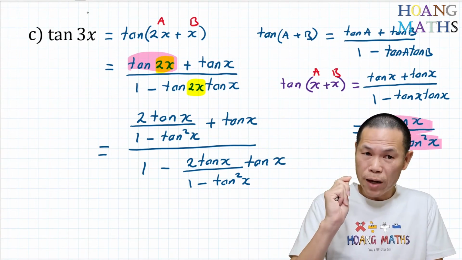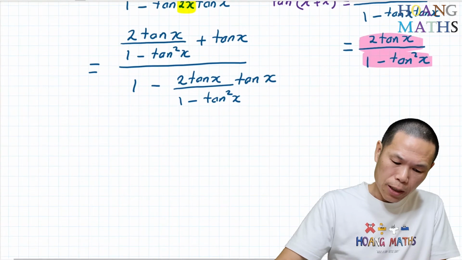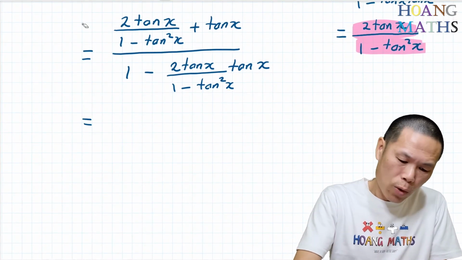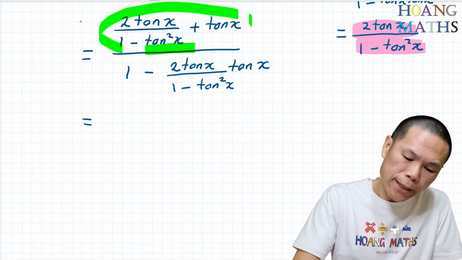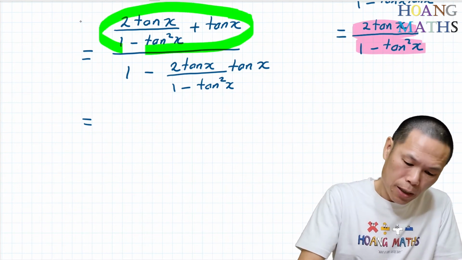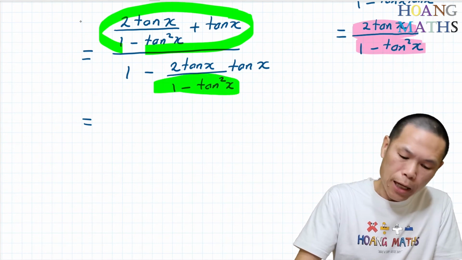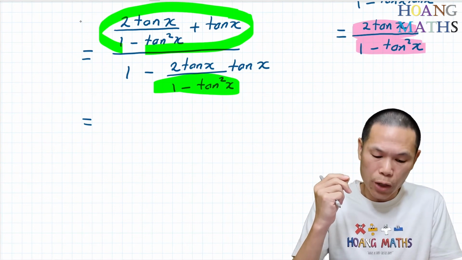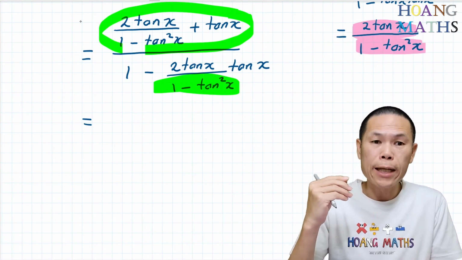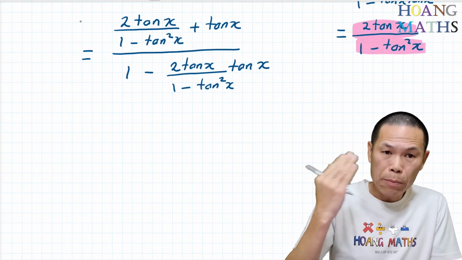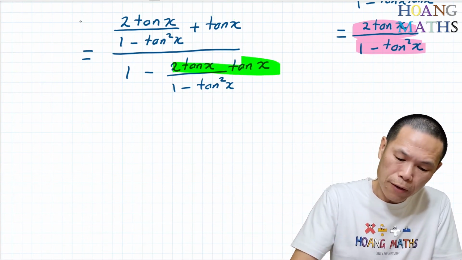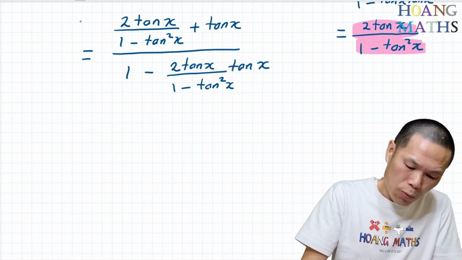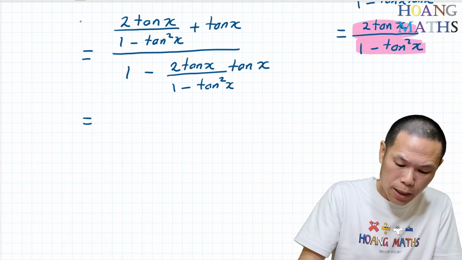So we need to simplify a little bit further. So let me just move this up. Now to simplify this, what I do, I times the numerator, this term here, by 1 minus tan square of x. And the denominator, I do exactly the same, okay? Because I want to get rid of 1 minus tan square of x. So let me just rewrite this because I want to simplify this a little bit further. So let's get into it. So that will give me the numerator. I just copied that out.